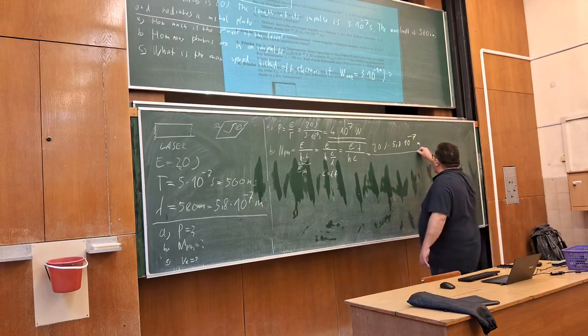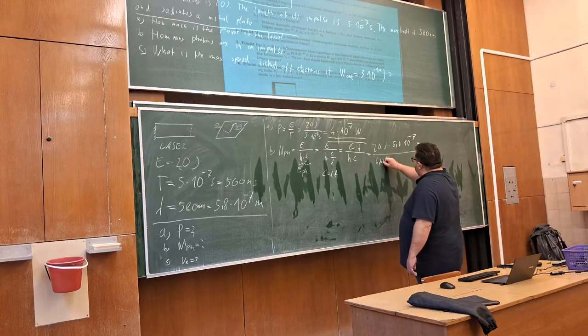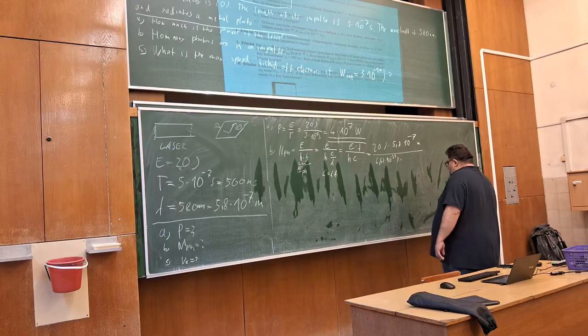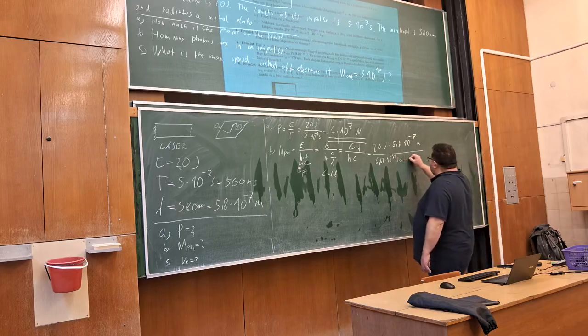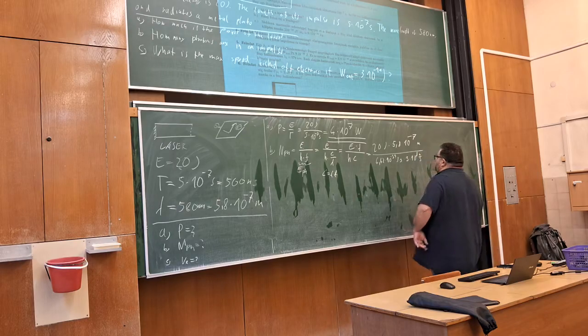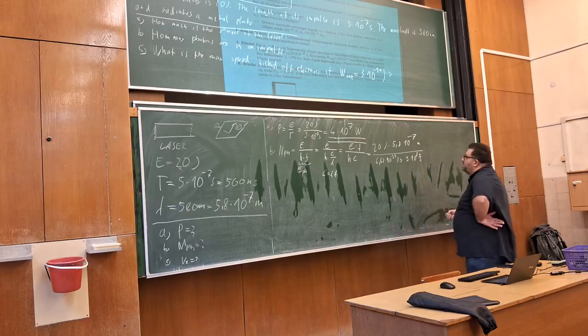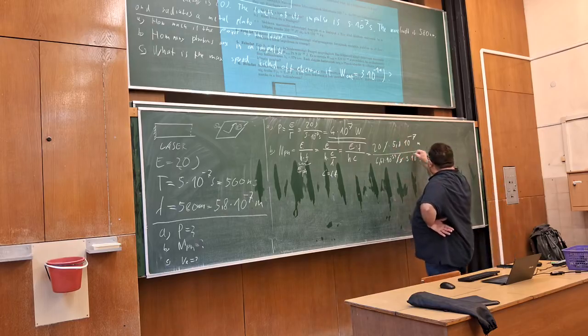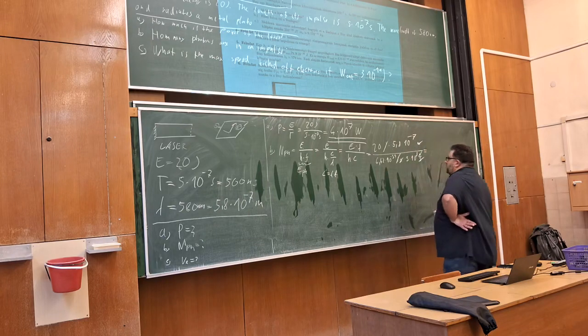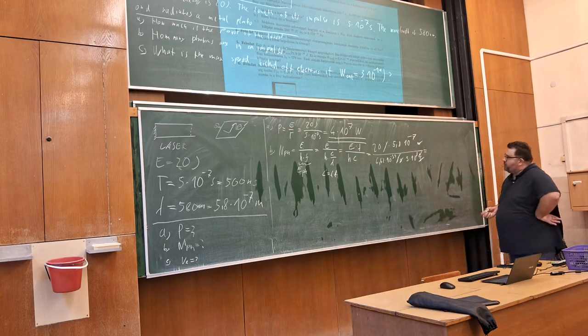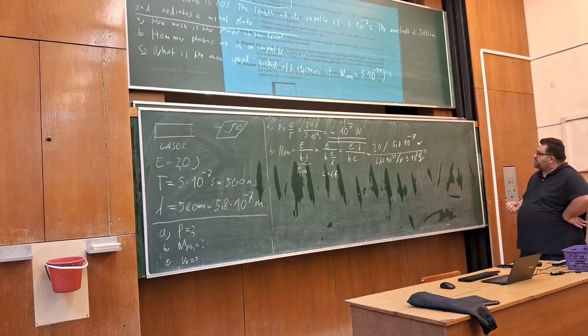There's the length. This is the Planck constant. And this is the speed of light. Joule, second, meter. So the result has no dimension. What does it have? It has something.